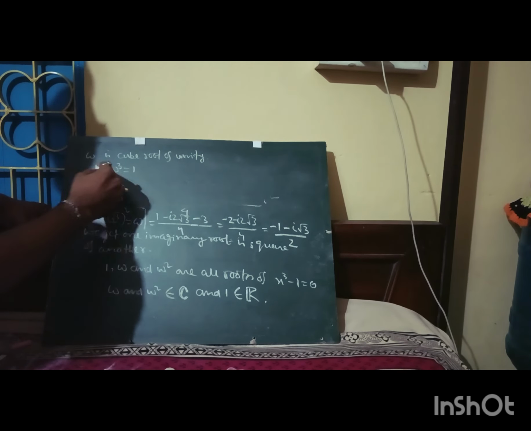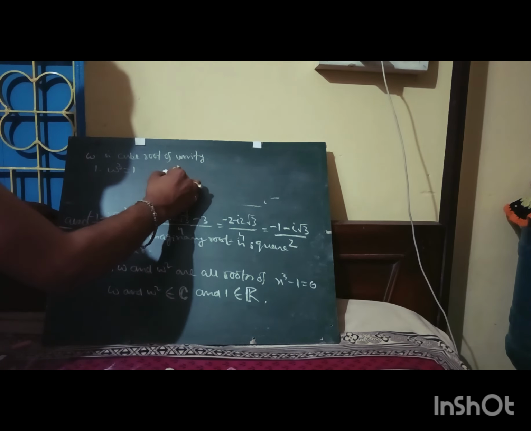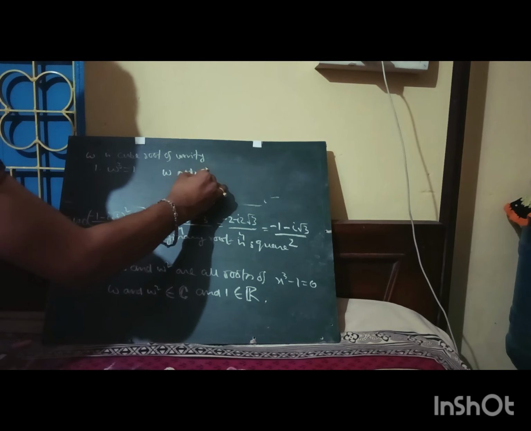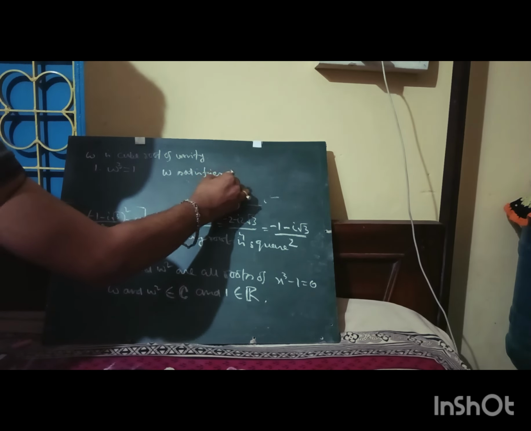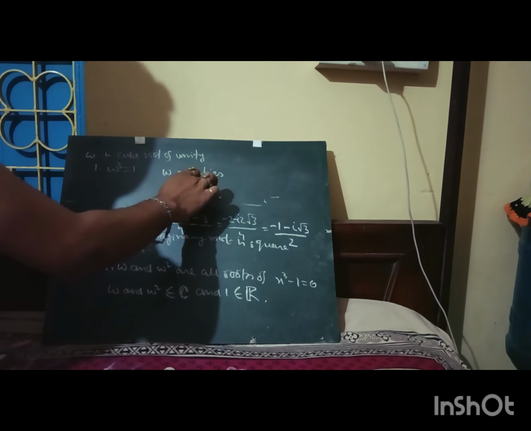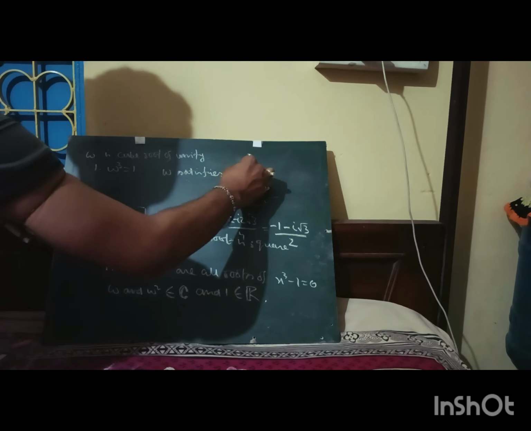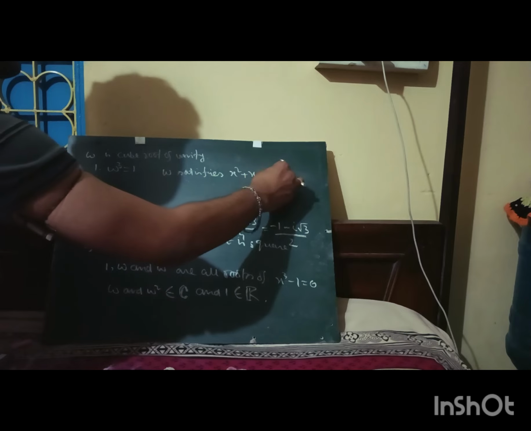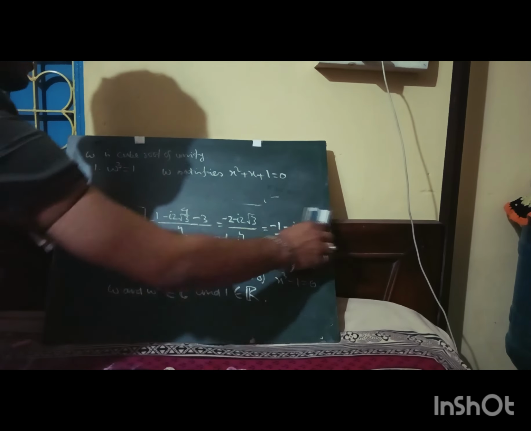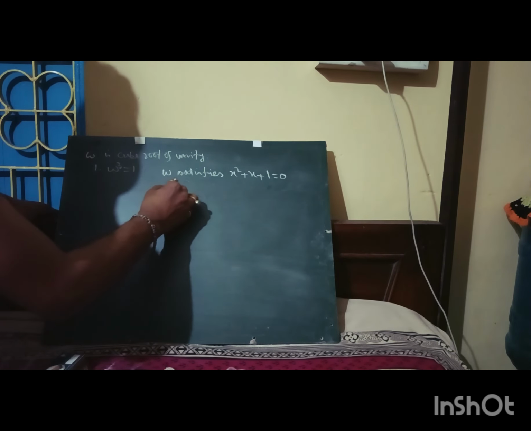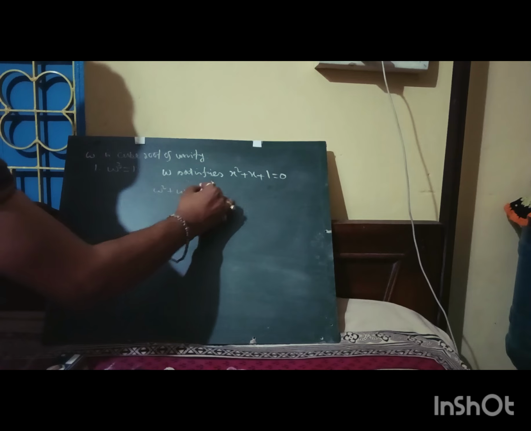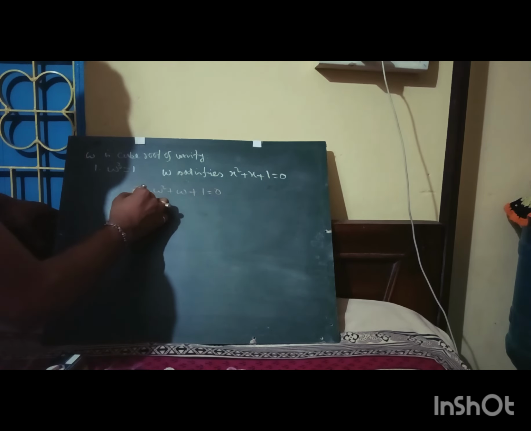Number 2, omega satisfies x square plus x plus 1 equal to 0. That means omega square plus omega plus 1 is equal to 0.